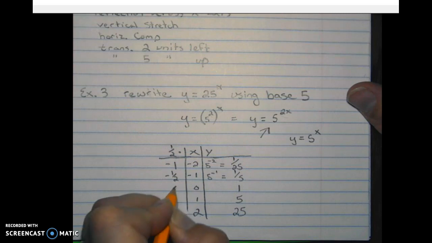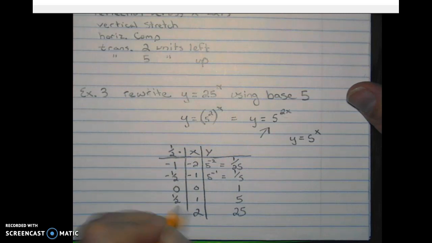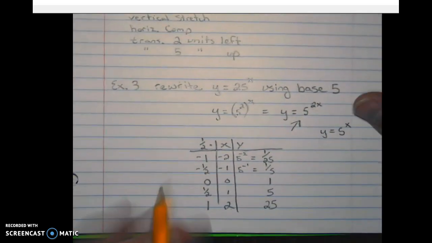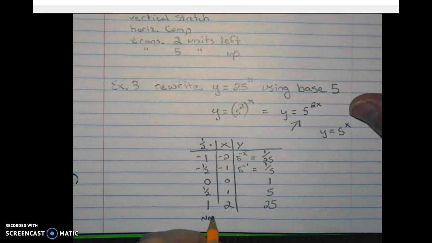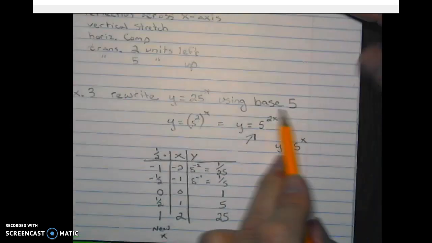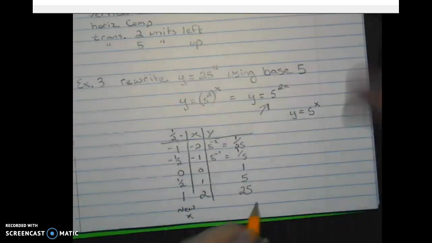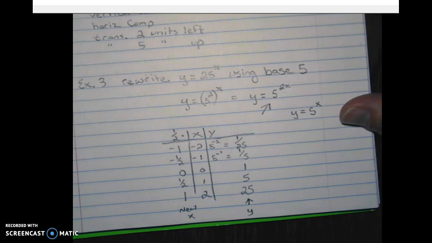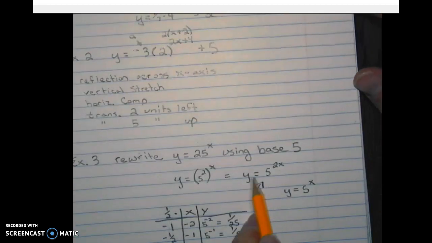Half of 0 is 0. Half of 1 is 1/2. And half of 2 is 1. So now that we have our new x values, and notice that y has not been affected, so we would stick with these y values here. And then we could plot these points, and we would have our graph for y equals 5 to the 2x power.